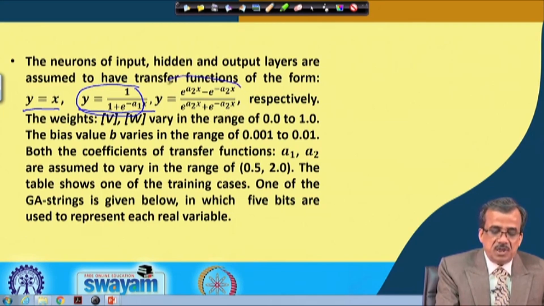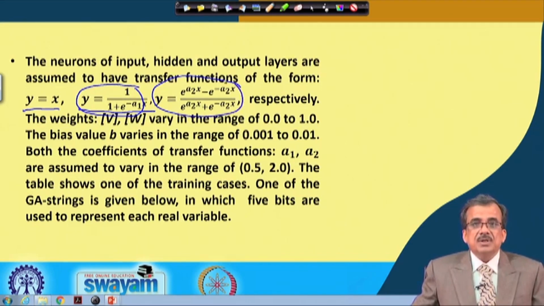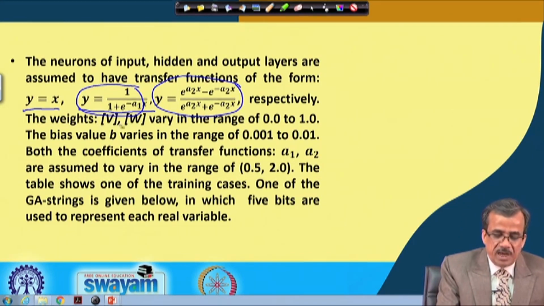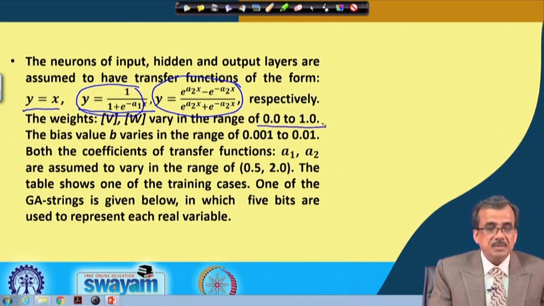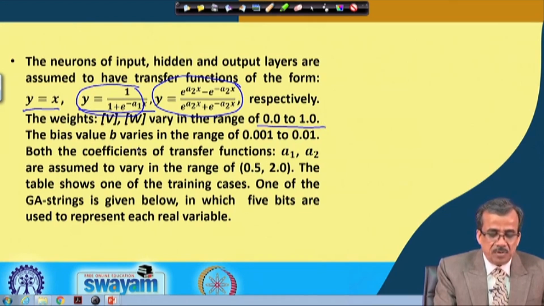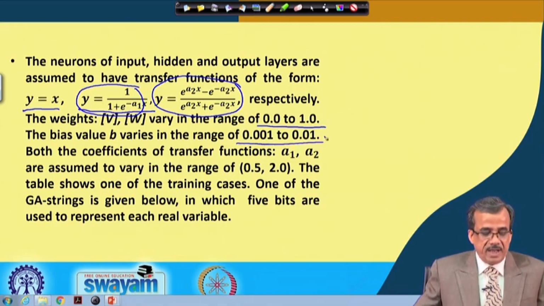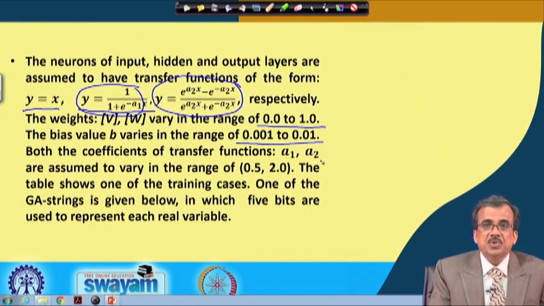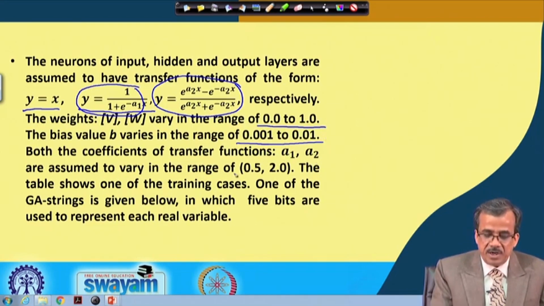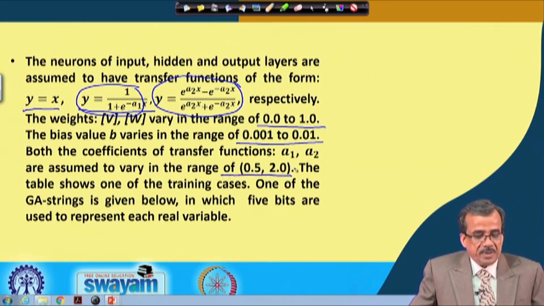So, this is the tan sigmoid transfer function. The connecting weights V and W are going to vary in the range of 0 to 1. The bias value will vary in the range of 0.001 to 0.01, and the coefficients of transfer function, that is a1, a2, are going to vary in the range of 0.5 to 2.0.